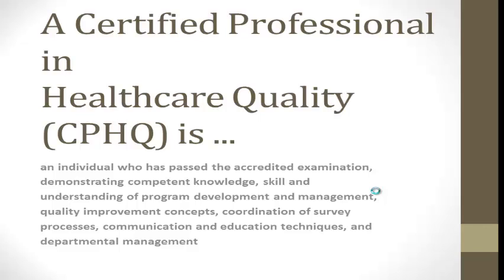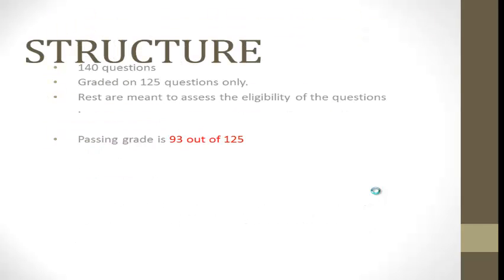This is the definition as per the National Association for Healthcare Quality booklet published through the NAHQ website. This basically classifies your examination into 4 fundamental parts for which you will all get graded. The structure of the examination.